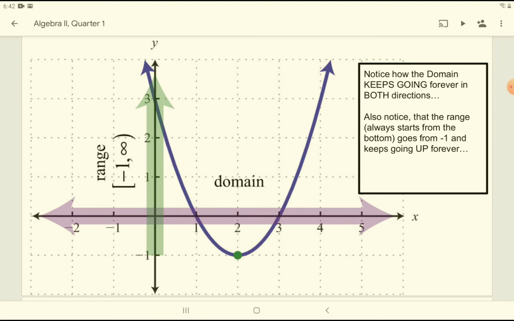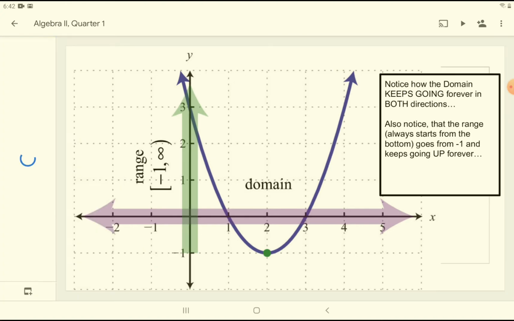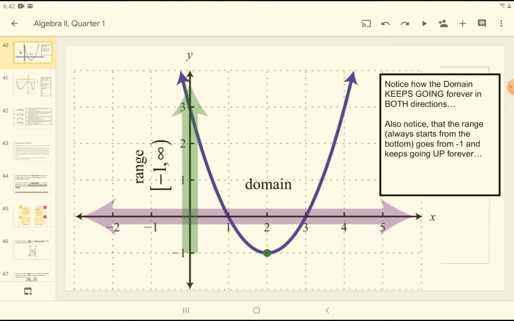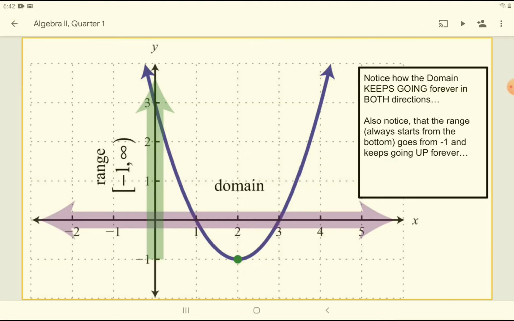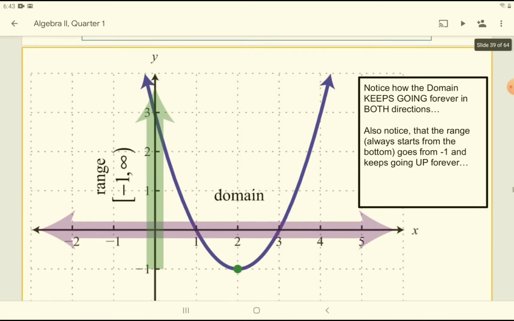It just keeps going forever. So the range is a little different because the domain just keeps going in both directions, but the range, which is the y values, starts at -1 and then just keeps going up. We're going to do some more.